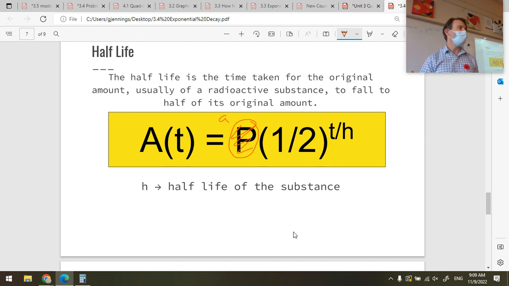And then here your growth factor is 1/2. Your exponent, just set it up as with a k transformation, is time divided by the half-life. And you will find that this trick creates some very elegant equations that are easy to work with and easy to model half-life situations.